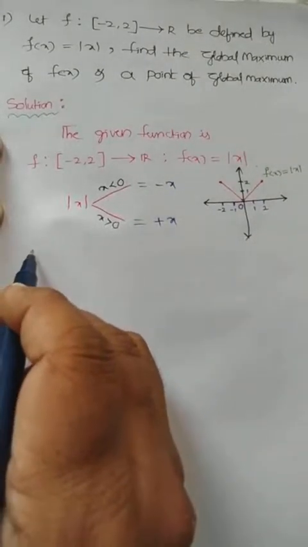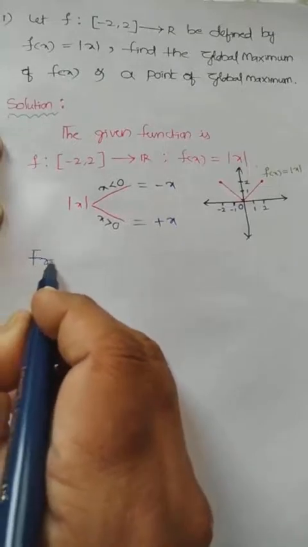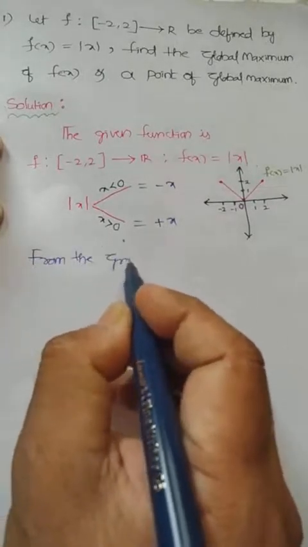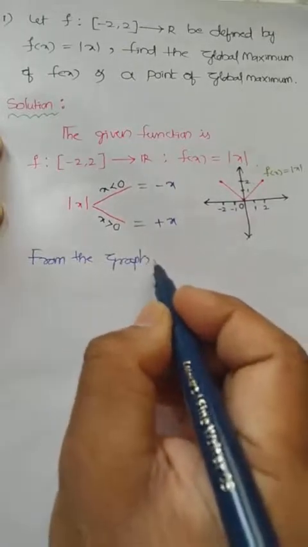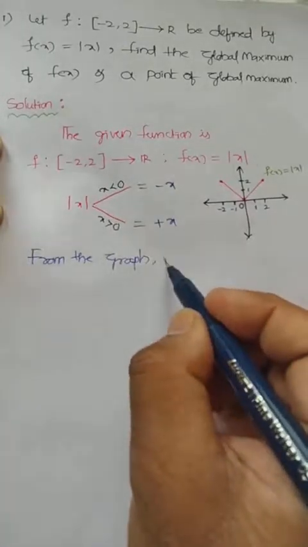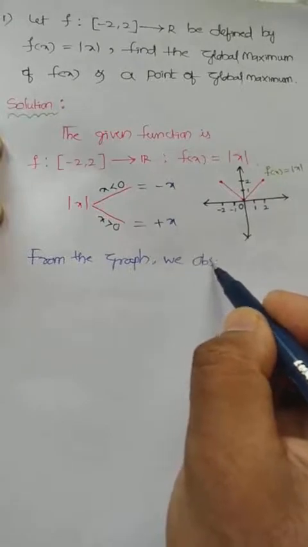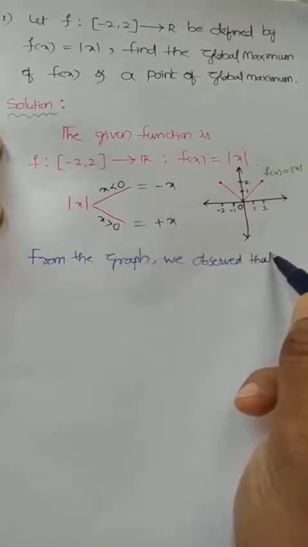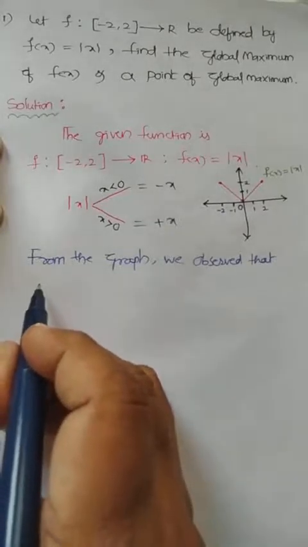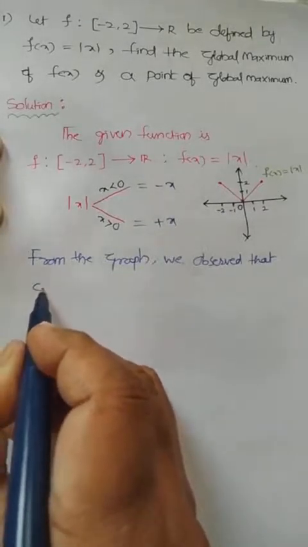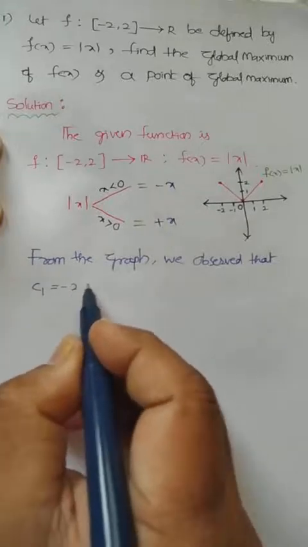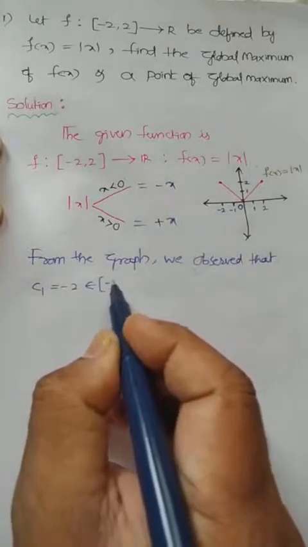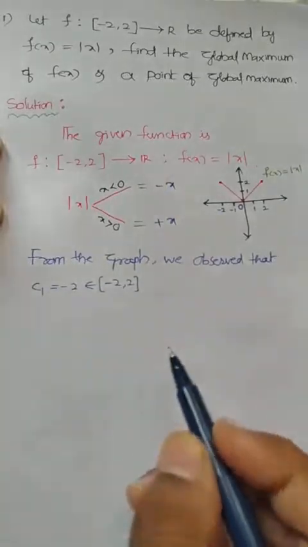From the graph we observed that c1 is equal to minus 2, belonging to the closed interval minus 2 to 2.